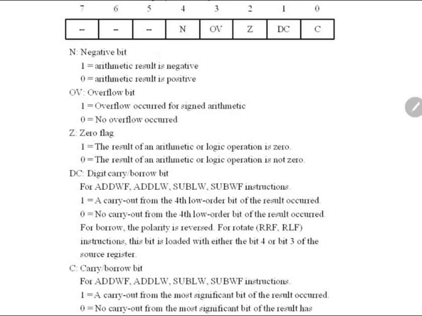If the answer is 0, then the Z flag will become 1, otherwise it will be 0. And then you have DC, the digit carry or borrow bit. If there is a digit carry, the bit will be 1. If there is no digit carry, it will be 0. And C, if there is a carry, it will be 1. If there is no carry, it will be 0. We will try to do examples so that you can understand much more easily. Is that okay?